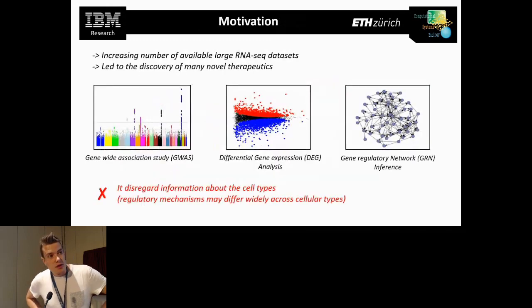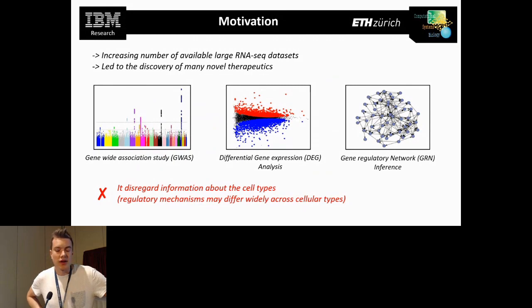So the motivation of this talk is in the current global landscape of RNA sequencing and single-cell RNAs. There have been a lot of progress in the gene regulation inference thanks to genome-wide association studies or differential gene expression analysis.